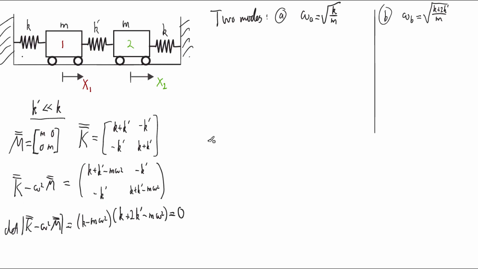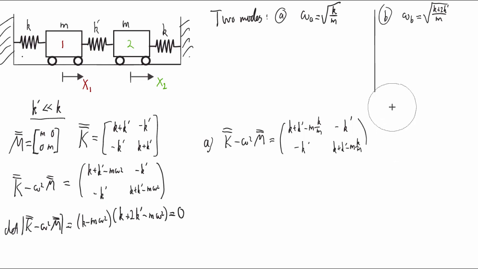So for mode A, the matrix is just equal to K prime, minus K prime on the first row, and then minus K prime and K prime on the second row.